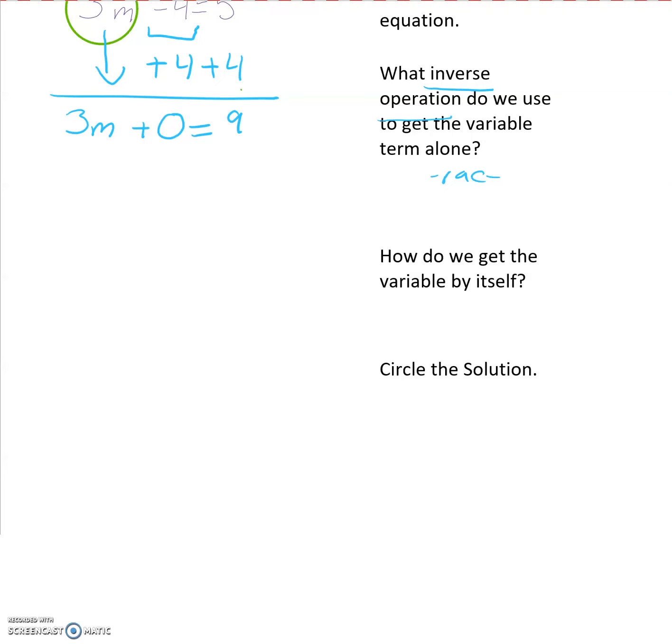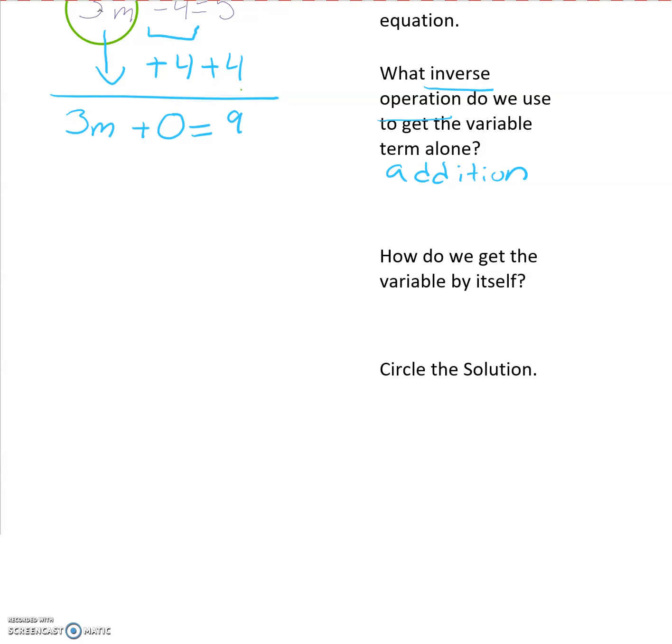We used addition. Now we're trying to get this variable all by itself. Notice when I bring it down, the circle of don't touch is gone. I don't redraw my circle. So now we're trying to find out how we get that variable by itself.